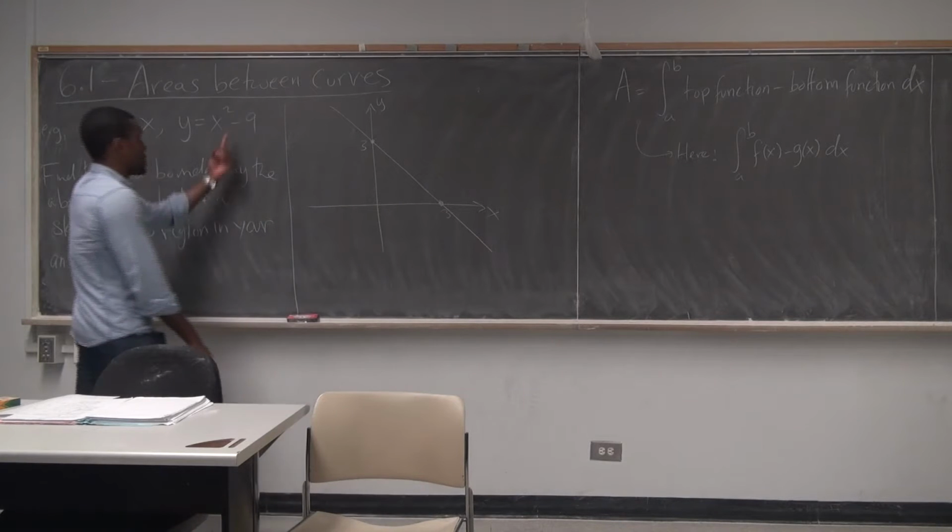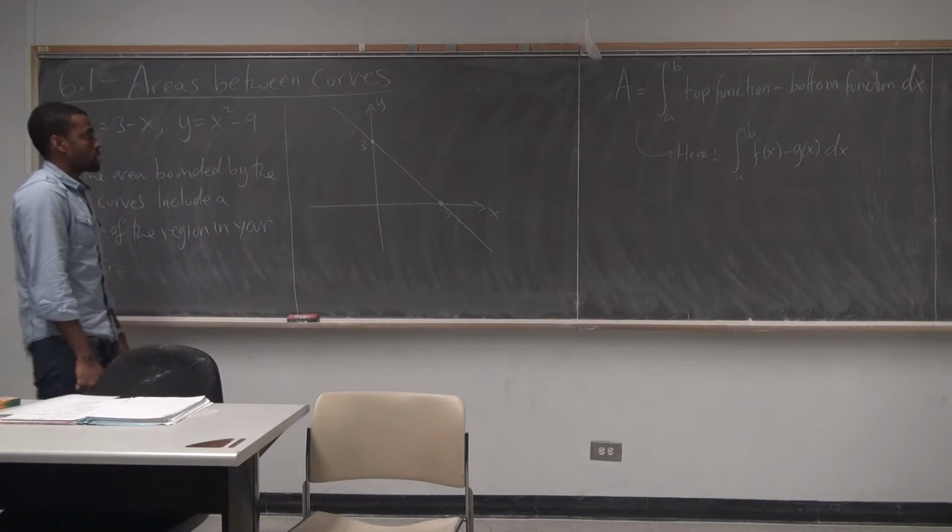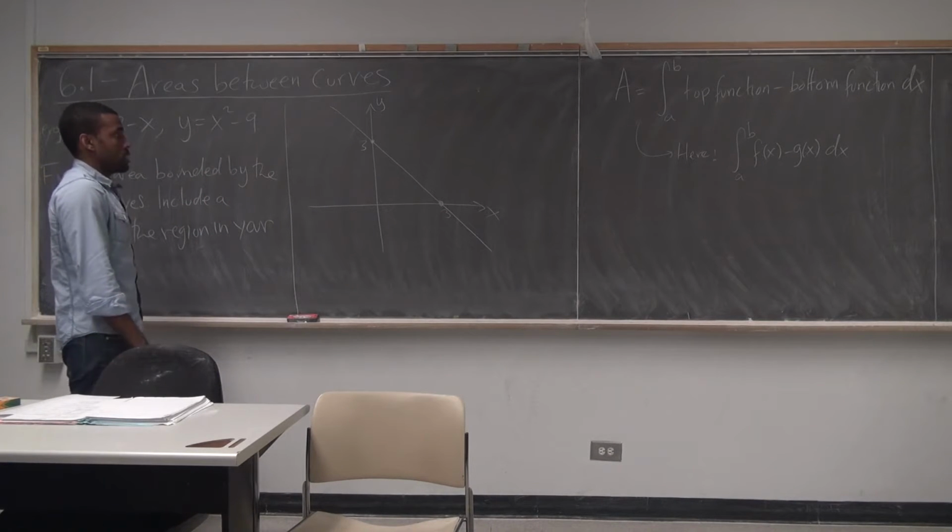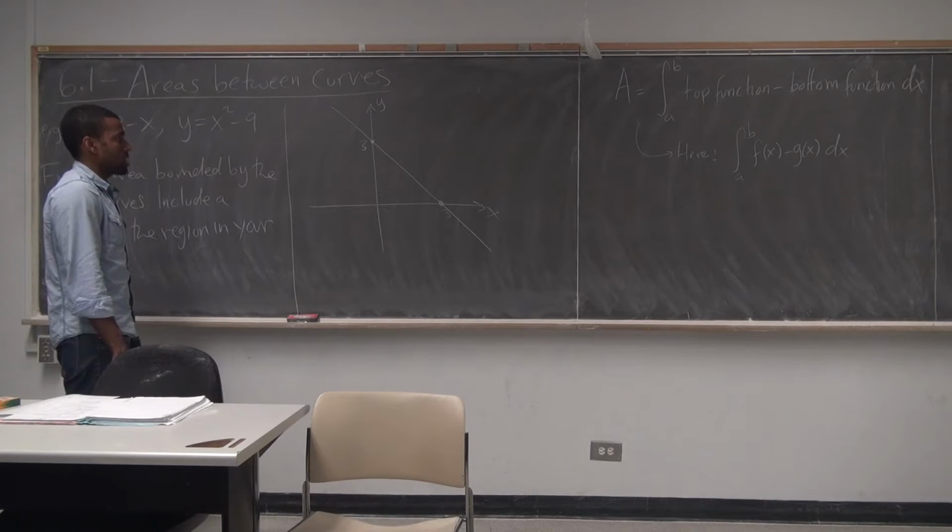Okay. Now what does this guy look like? A positive parabola. And what points would it go through? Negative 9 comma 0.